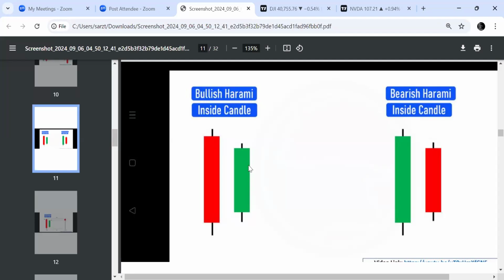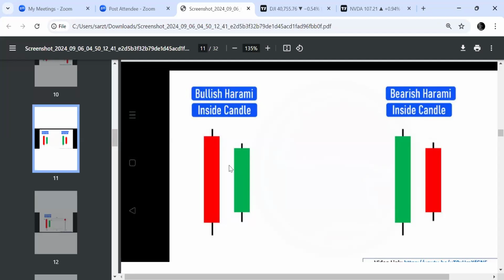The key aspect is that the body of the green candle is inside the body of the preceding red candle, signaling a potential reversal. After a period of selling pressure, buyers are starting to gain control, suggesting that the market could reverse upward.